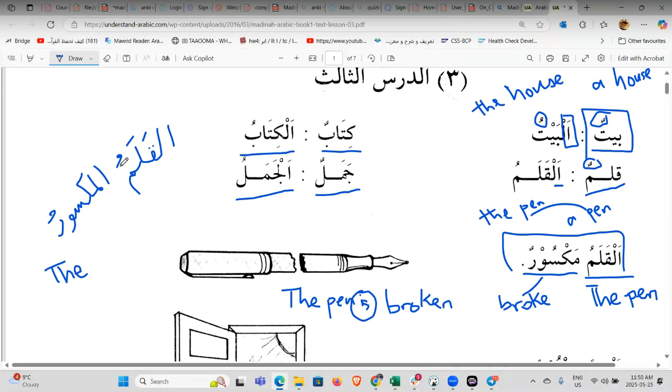You see, to make it into a sentence, it has to follow this structure. The subject has alif and lam, and the predicate doesn't have it. So this is al-qalam al-maksur, the broken pen.